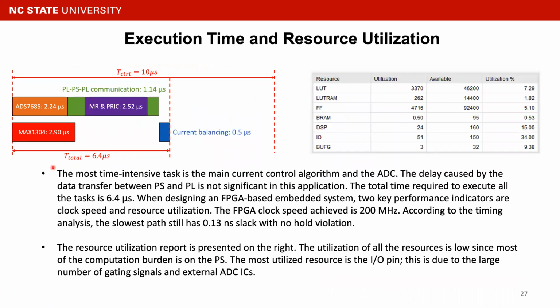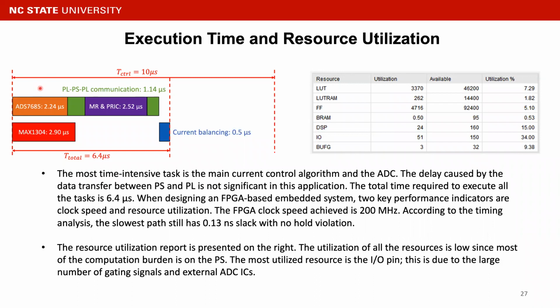Now, let's look at the execution time and our resource utilization. On the left, as you can see, the total execution time of our digital system is 6.4 microseconds, and the most time intensive tasks are the main control loop and the ADC process.